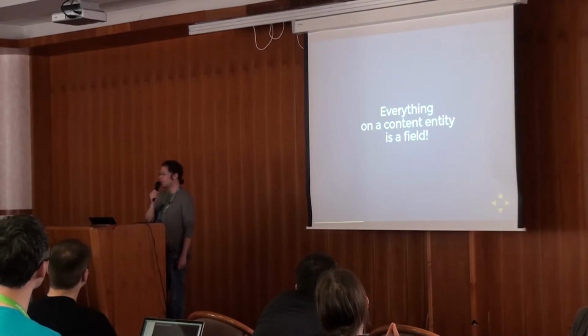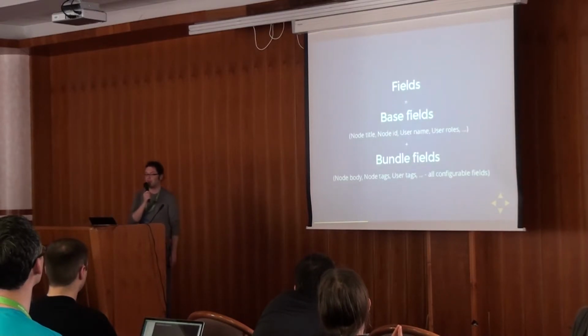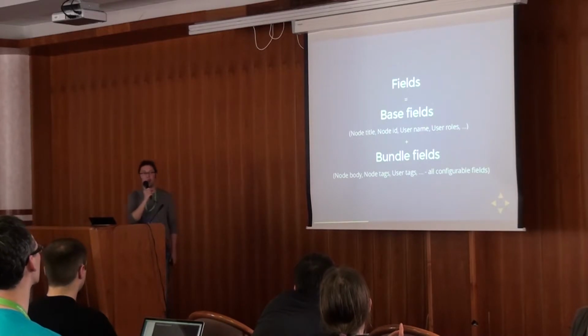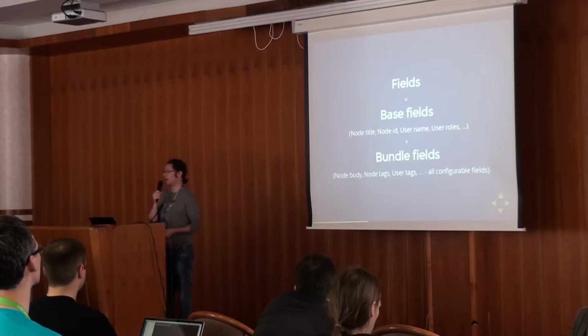But they are a little bit different from the field API fields that you know, because in Drupal 8 we have different flavors of fields. We have base fields and we have bundle fields. The base fields are basically what you traditionally know as the entity or node properties, like node title, node ID, or also username and user roles. They are fields that every entity of an entity type has.